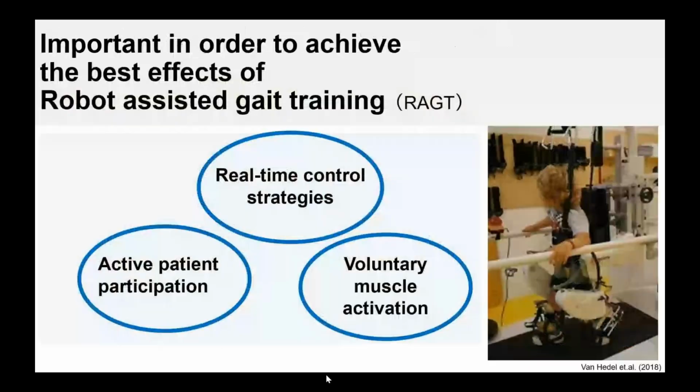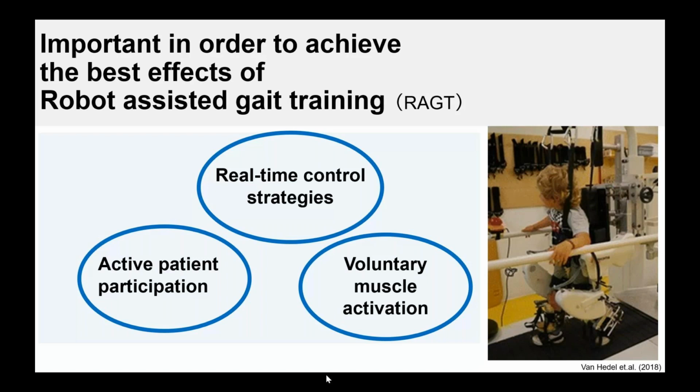Conventional robotic devices enable passive training by setting values for gait speed and lower limb joint angles. Thus, even a patient with entirely paralyzed lower limbs can perform gait training by wearing the robotic device.